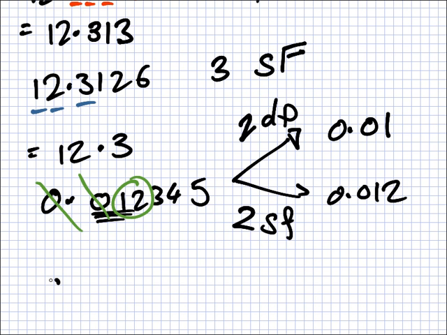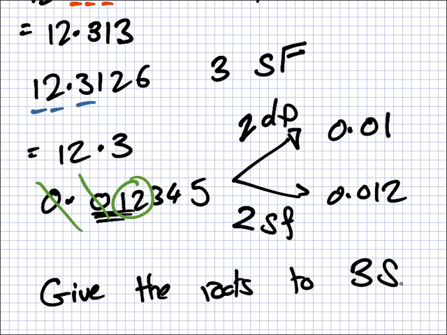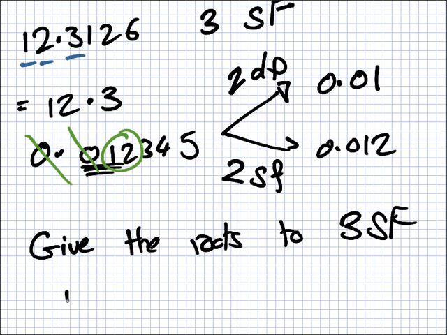What I want you to do is give the roots to, let's say, 3SF in minus x squared minus 9x minus 3 equals 0. I want you to use your calculator and give the answer to 3SF for this one.